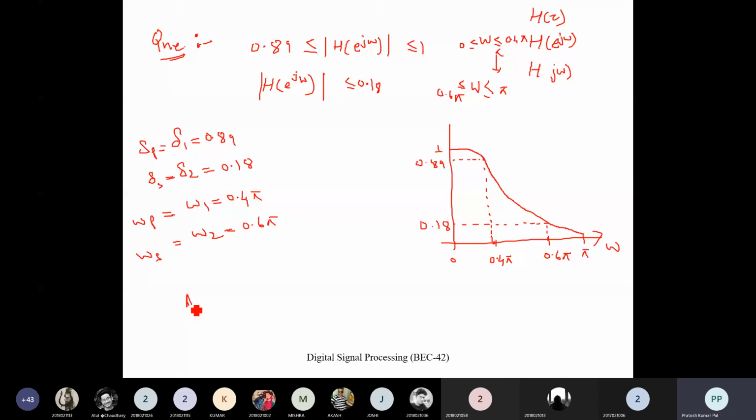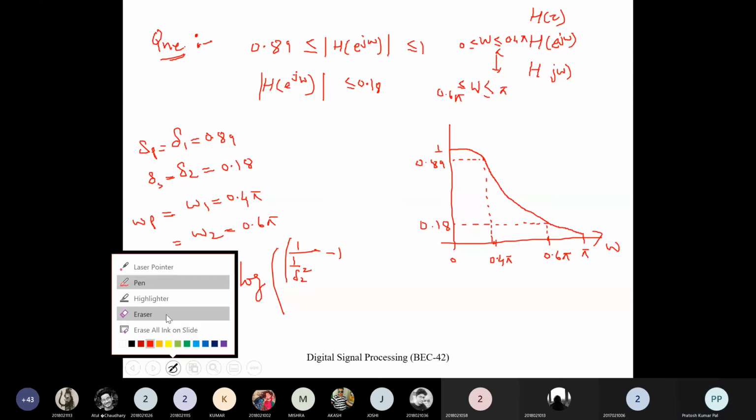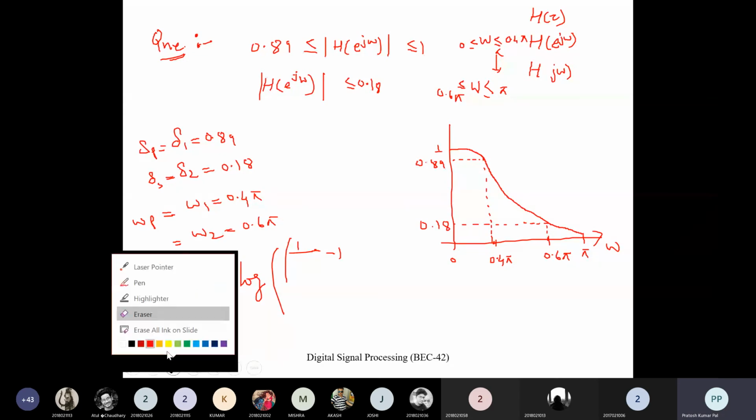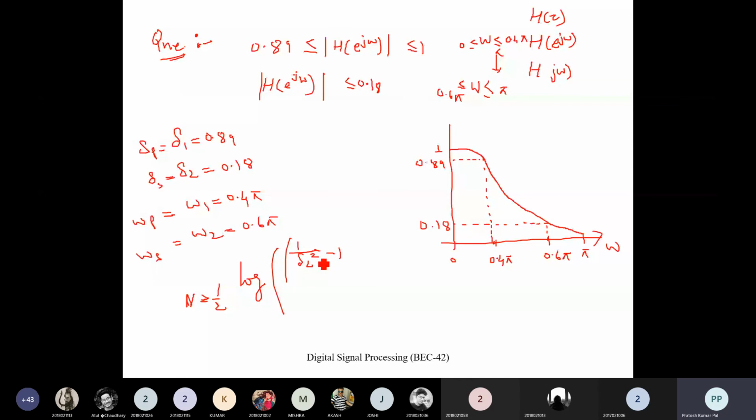From the formula, n is given by less than or equal to 1 by 2 log of, 1 upon delta 2 whole square minus 1 divided by 1 upon delta 1 square minus 1.